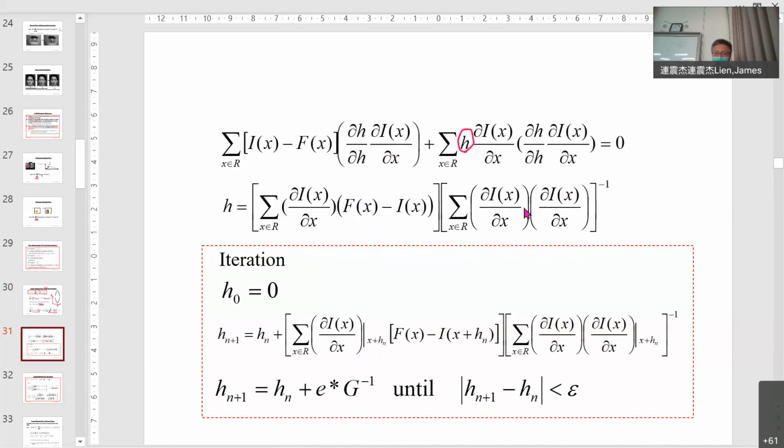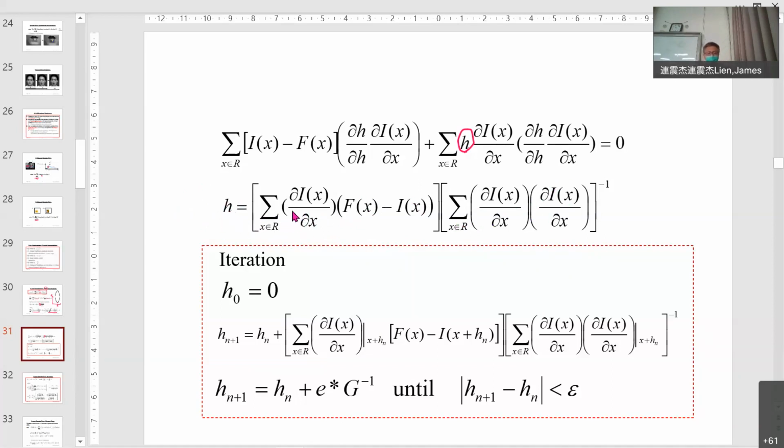Since both are derivatives, this will be a constant term. So that's your answer.